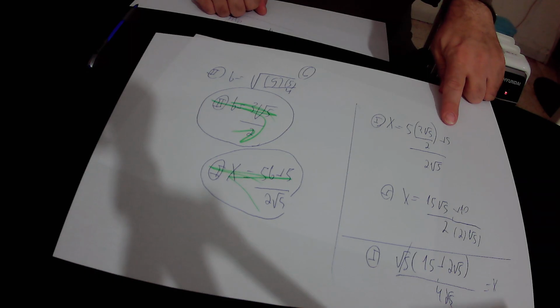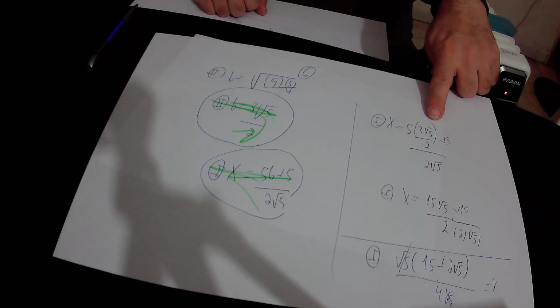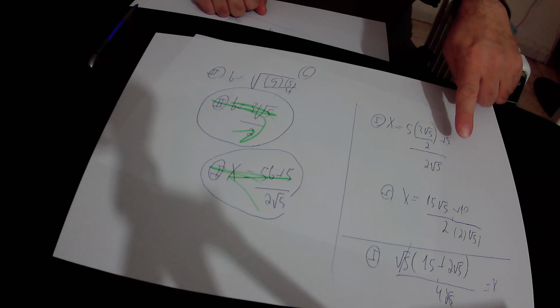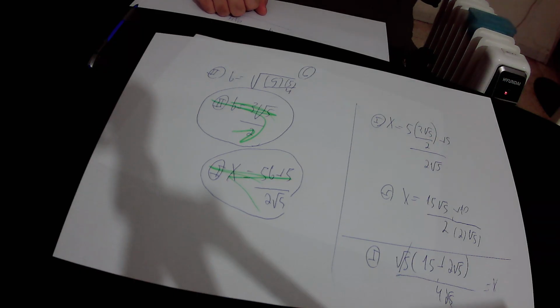Here we multiplied 5 by 2 and then divided by 2 in order to have a common denominator with this expression. So it will be 5 times 2 is 10 over 2.